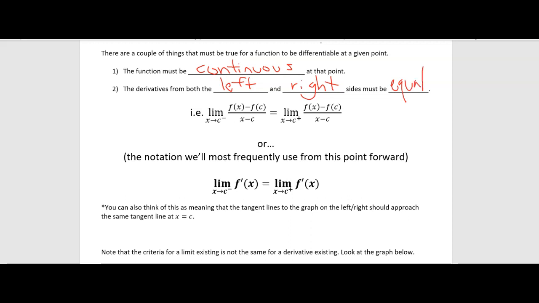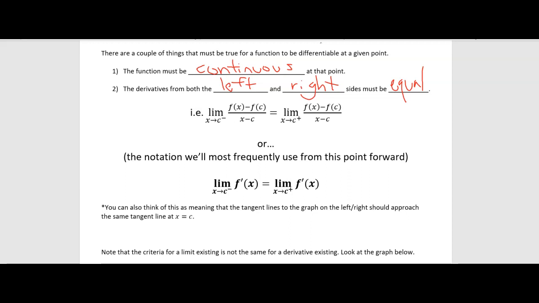So remember we talked about the one-sided limits of the slopes of the secant lines as they approach that point that we're trying to draw the tangent line at. Those one-sided limits have to be equal. The slopes have to be approaching the same value. They both have to be approaching the same tangent line.